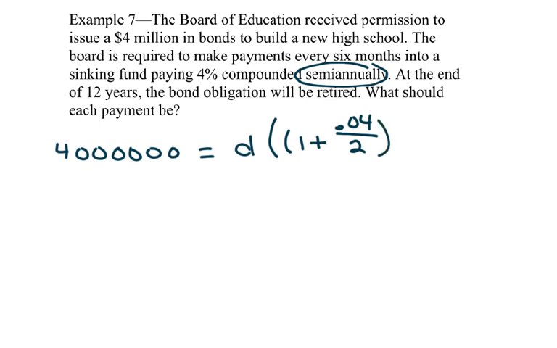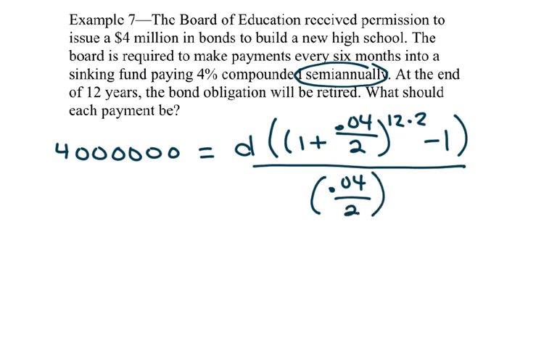The exponent is then the number of years, being 12, times semi-annually, so nk. Then we have to subtract that 1. And then we're going to put that all over the 0.04 divided by 2 once again. Now, because the missing number is on the right-hand side, we're going to go on to Desmos and figure out what that D is by seeing where the lines intersect.